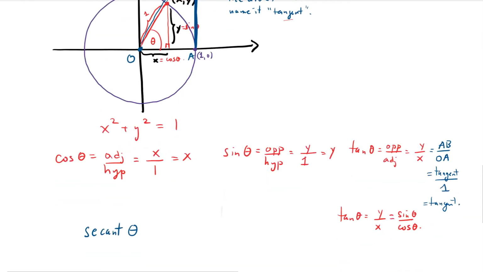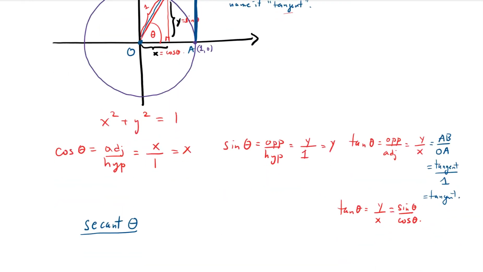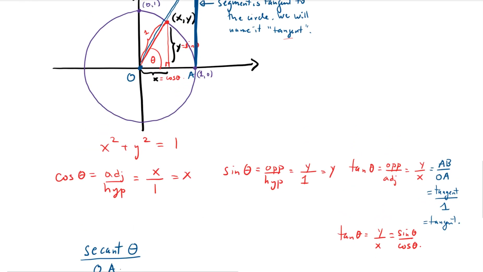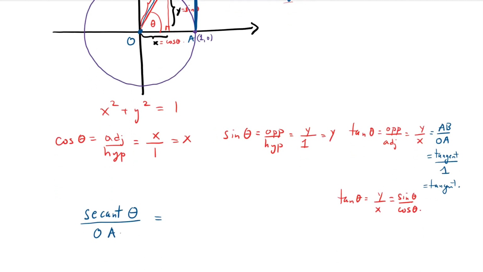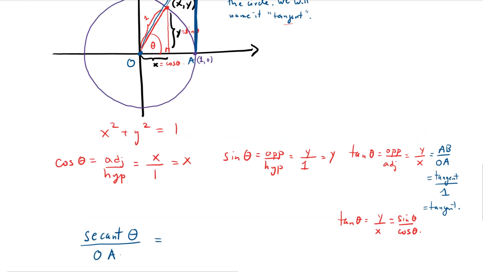So secant of theta is the hypotenuse of the blue triangle over, let's say, OA, which is actually going to be 1. That's the base of our blue triangle. That's in the same ratio as the hypotenuse of the red triangle over the base of the red triangle, which is x, right?